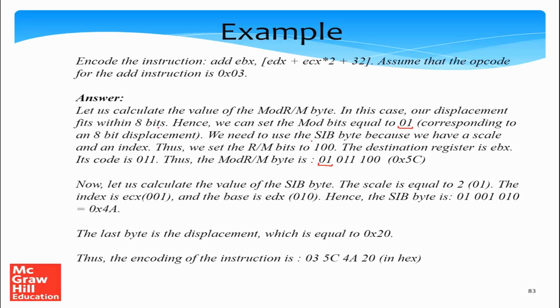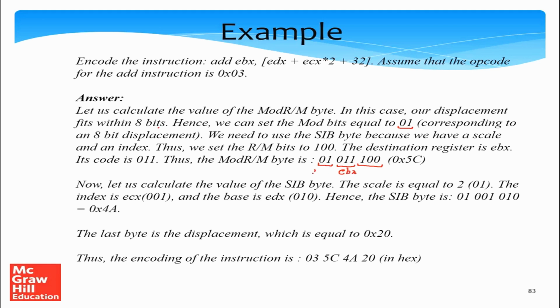Then we understand that we need to use the SIB byte because we have a scale as well as an index. Thus, we set the r by m bits to 100 at the end. The destination register is EBX, its code is 011. The destination register comes in the middle, so this is EBX.